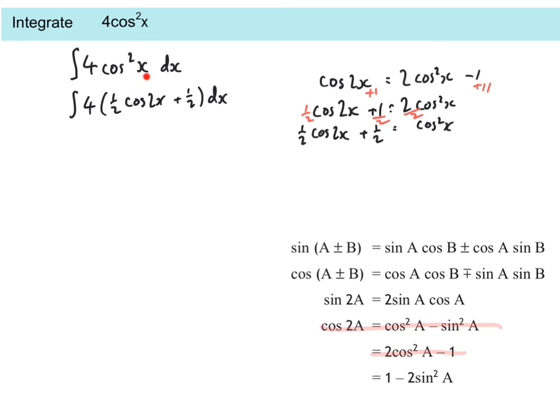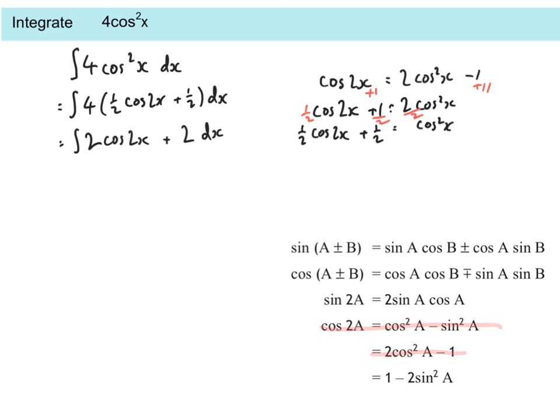So all I have done is swapped out cosine squared x for what it is equal to. I've rearranged this identity and I've got rid of this square. I've now got something I can integrate. I'm going to multiply out the brackets first. So this is going to equal the integral 4 times a half, 2 cosine 2x plus 4 times a half gives me 2 with respect to x.